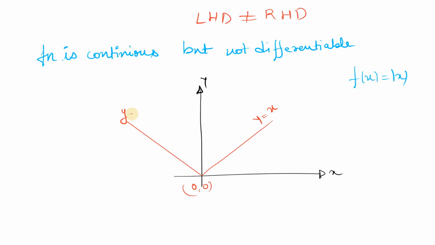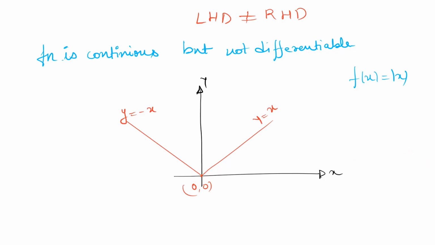Now we see here that at x is equal to 0, the function is continuous, right? There is no break in the function, but we are getting a sharp point here, and that's why this is not differentiable. The function is continuous, but it is not differentiable.